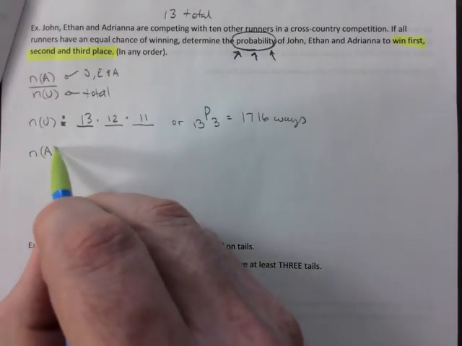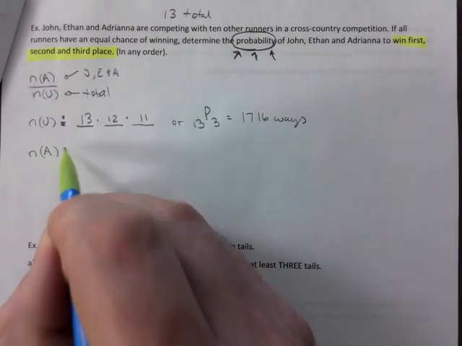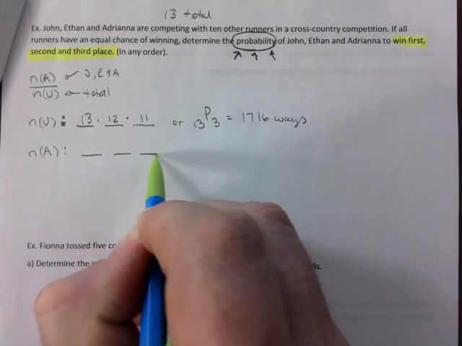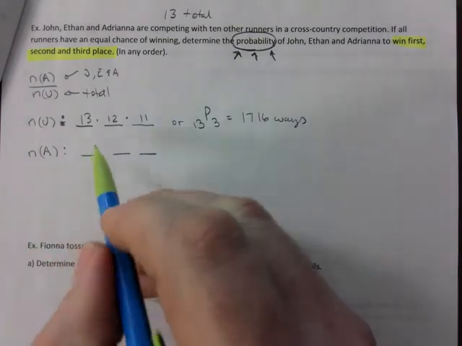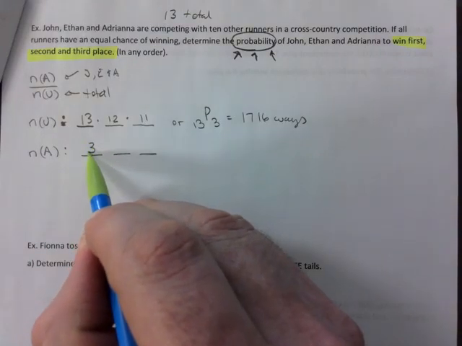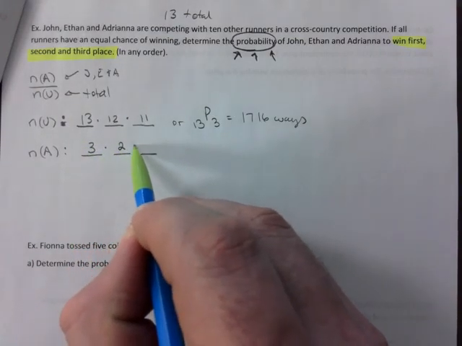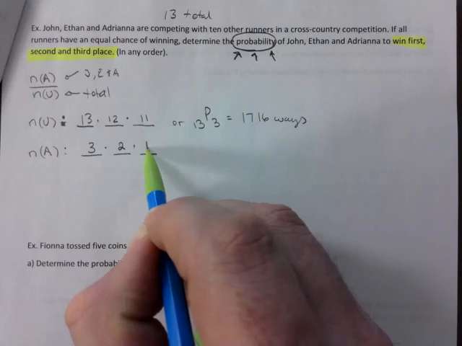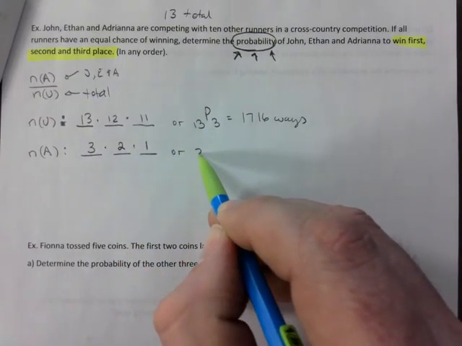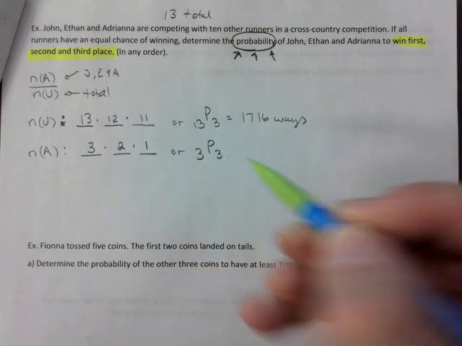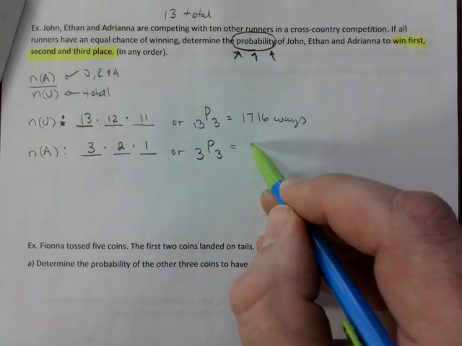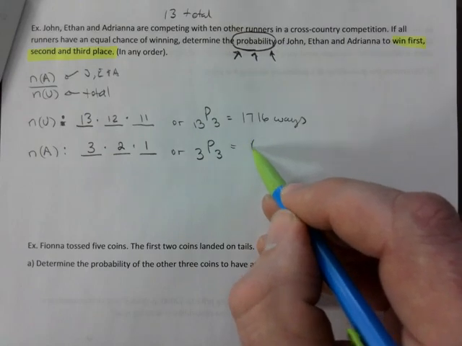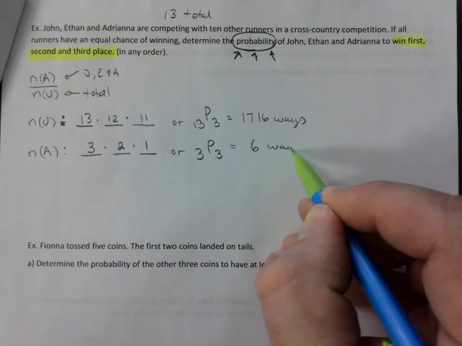NA, first, second, and third place, who are you picking from now? Like if you want to be specific to your favorable outcomes, you've got the 3 only, right? So 3 times 2 times 1, okay? Or from the 3, you pick all 3. And so that is just 6. 6 ways.